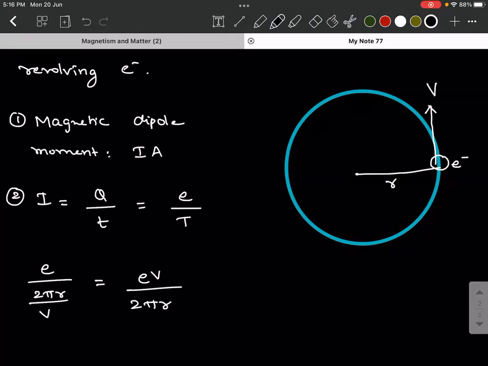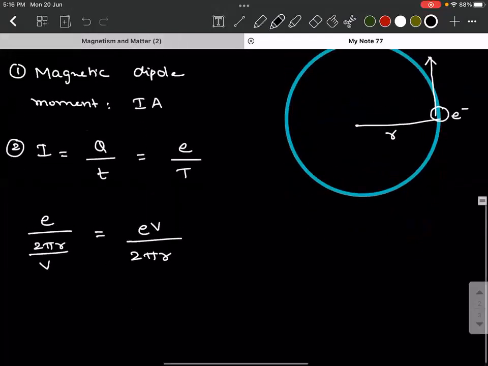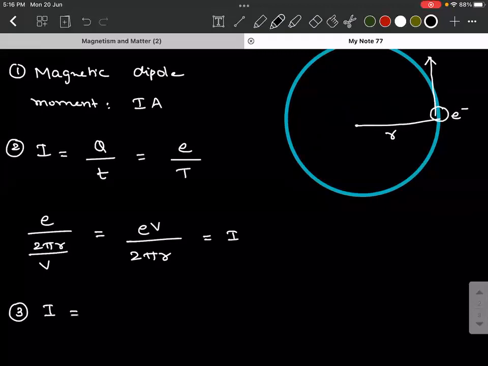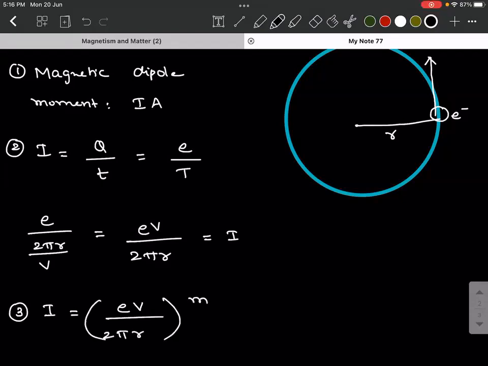Is that clear? Now third. So this is equal to I only. Now in the third step, I will write I is equal to E into V divided by 2 pi R. I'll multiply and divide it with M. V is the speed.